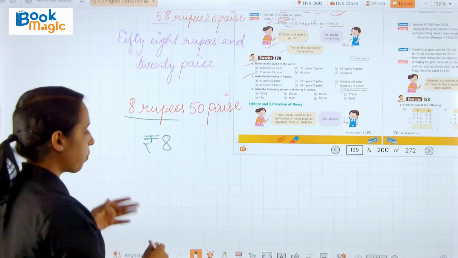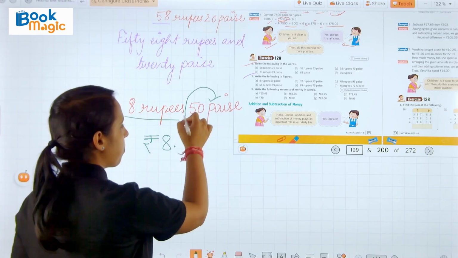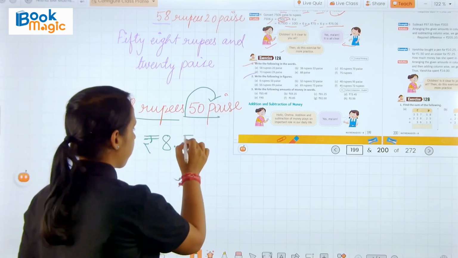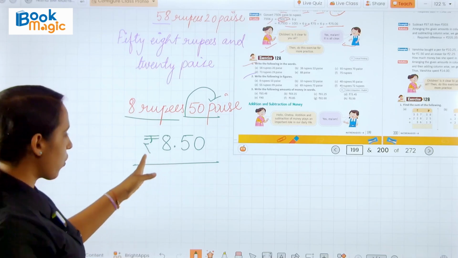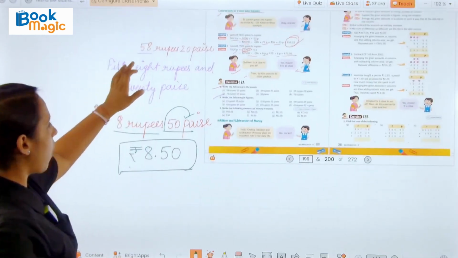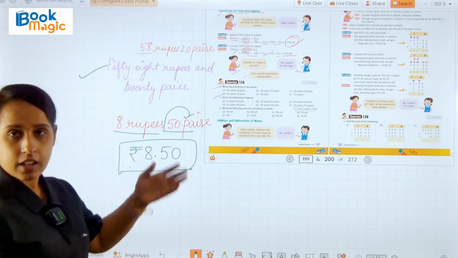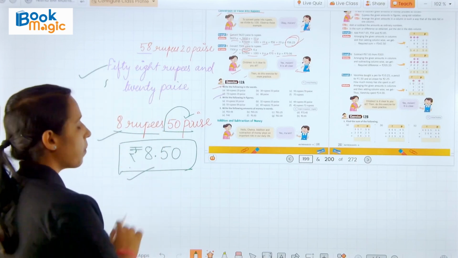After that we put decimal or dot we can say, and then we write paise. Okay, here we have 50 paise. So it will become 8.50 rupees in figures.